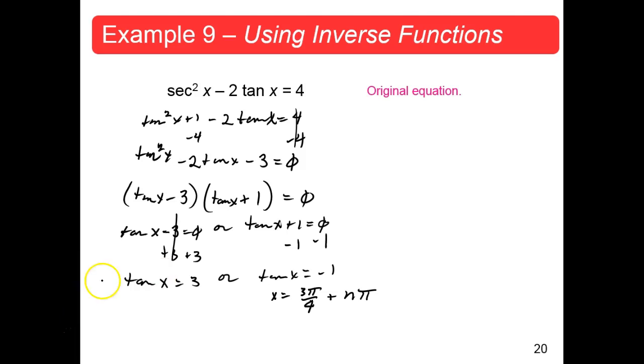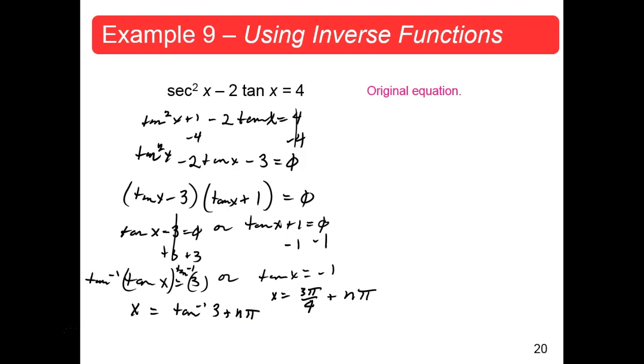I don't know if you're used to doing this. Take the inverse tangent of both sides. Okay? And this undoes the tangent, so you're left with x equal, and all you can put here is inverse tangent of 3. Okay? That's your answer, plus n pi. Okay?